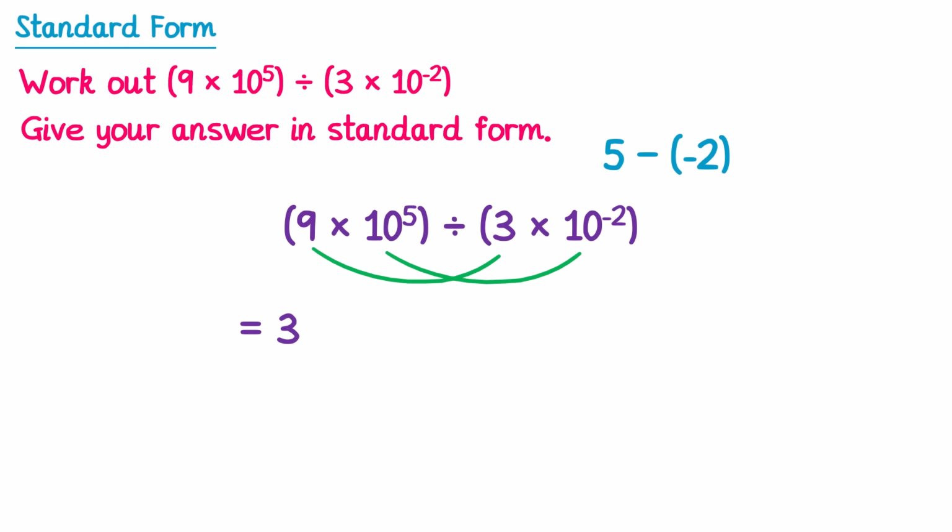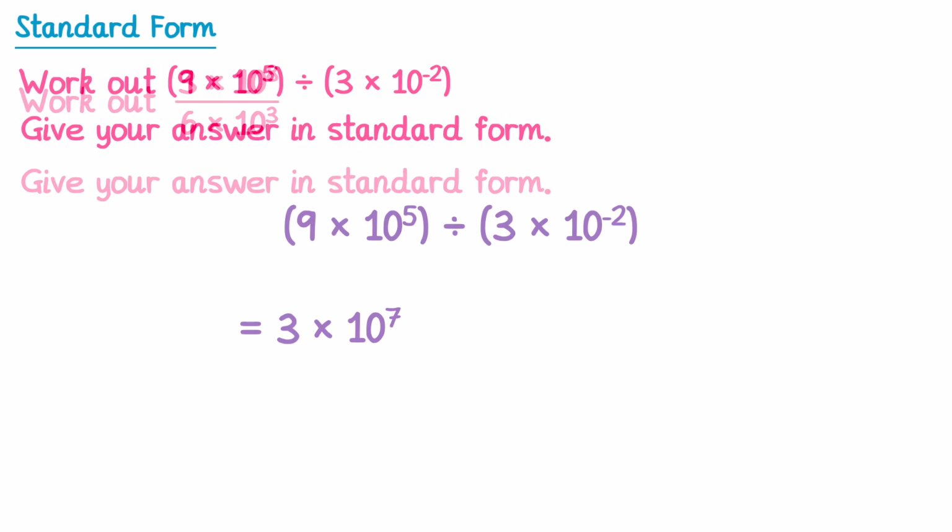And when you subtract a negative number, that gives you the same result as if you added the positive number. So that gives us the same answer as 5 plus 2, which is 7. A really common wrong answer to this one will be using the power 3, but that would be 5 subtract 2, not 5 subtract negative 2. So the power will be 7, so it's 3 multiplied by 10 to the power 7. That's in standard form, so we're finished.